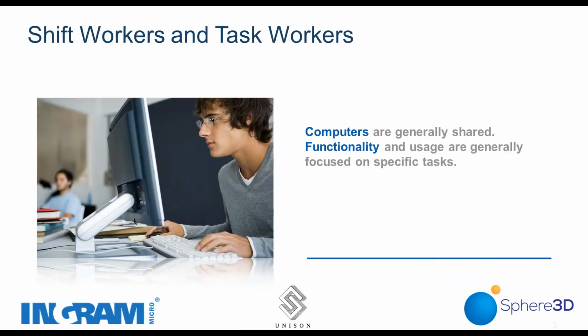Go ahead, next slide. So the easiest ones, the ones that typically have been very successful with VDI, I suspect if people on the call have been successful with VDI, it likely looks like this. But shift workers and task workers are generally shared computers, single purpose kind of computers, stuff where it's very predictable workloads because it's one type of thing.